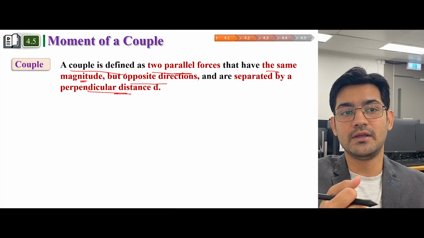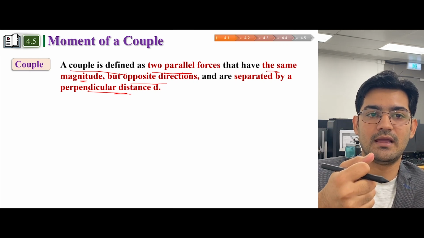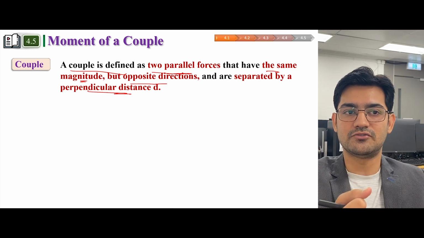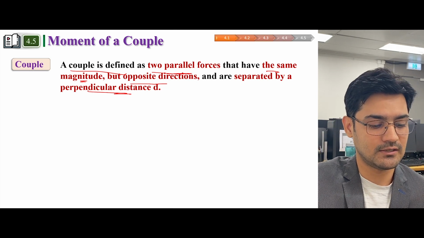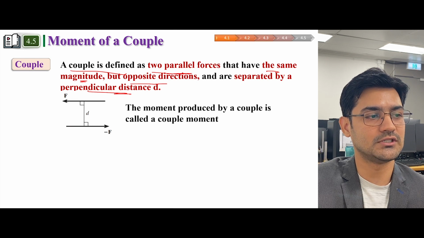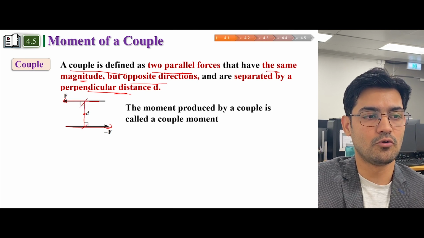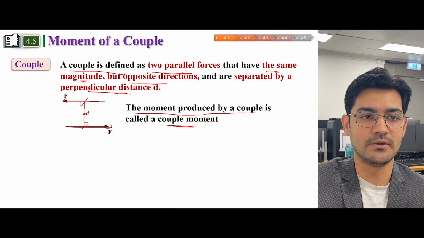So you're not applying one force to produce a moment. You have two forces, and with the help of two forces you are trying to rotate the wheel. This mechanism is called a couple, in which you have two forces, one in this direction, one in the other direction, and a distance between these two forces. The moment produced by a couple is called the couple moment.